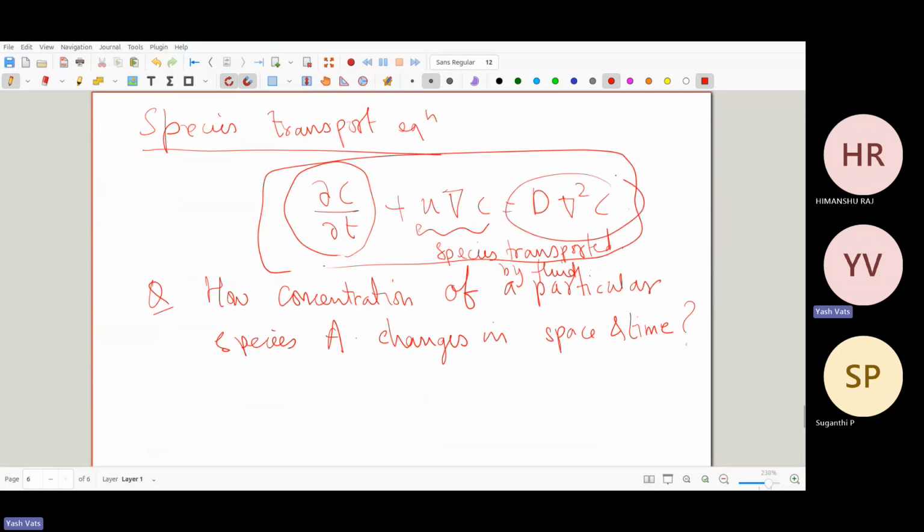And this term is basically the species spreading out from high to low concentration. So it's kind of diffusivity, a constant D, with species spreading from high to low concentrations.